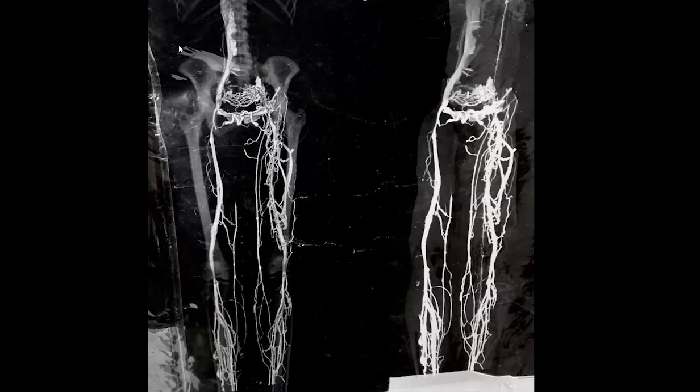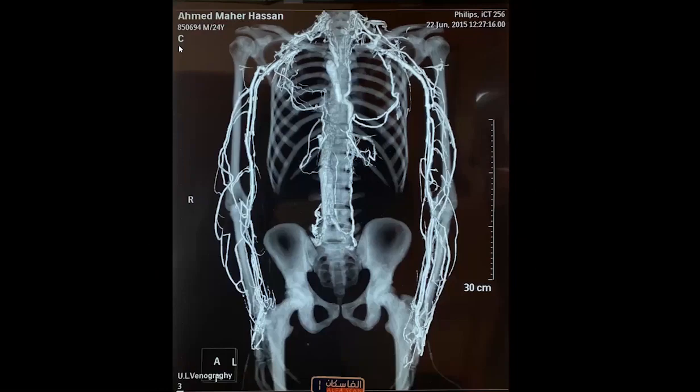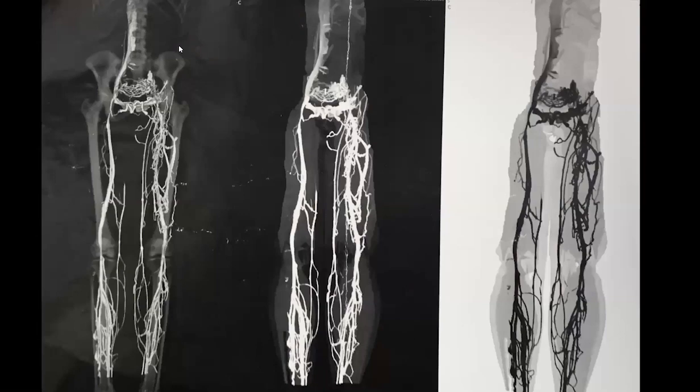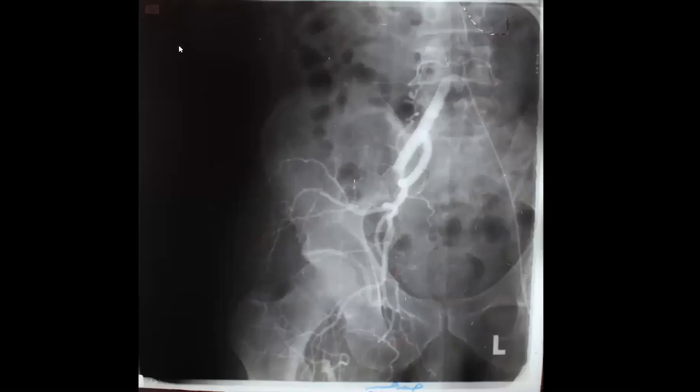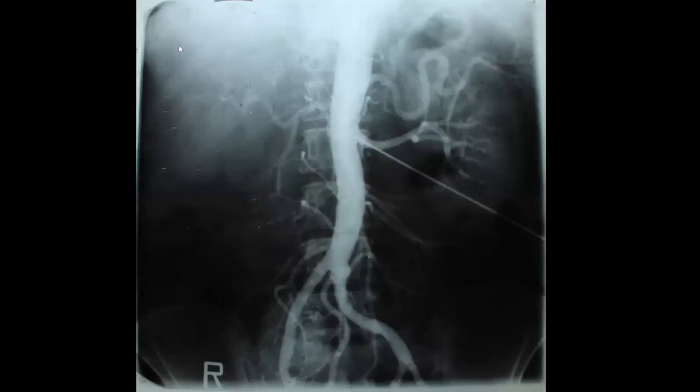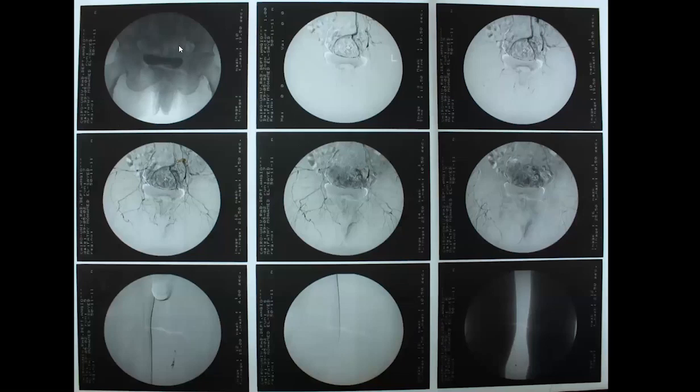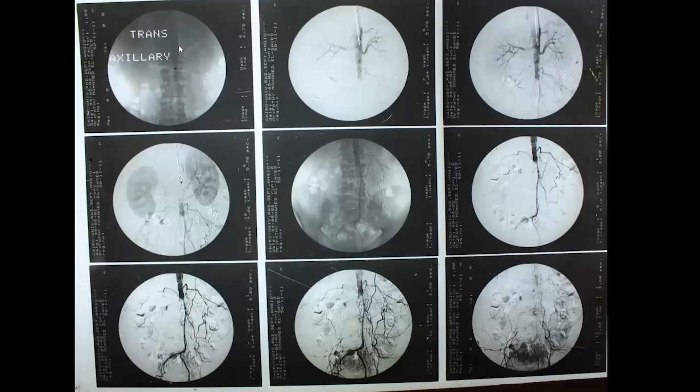Okay, for a plain film, you can see opaque structures like bone, calcifications, stones. Yes, we're concentrating on the vascular point of view, but yes, stone. So calcification in the wall. What else?